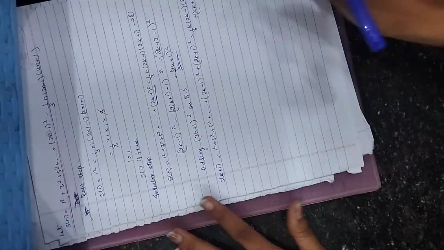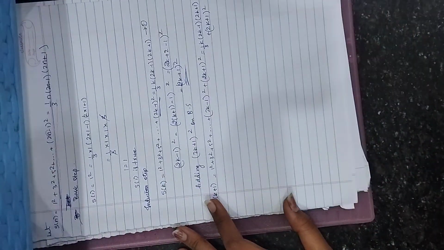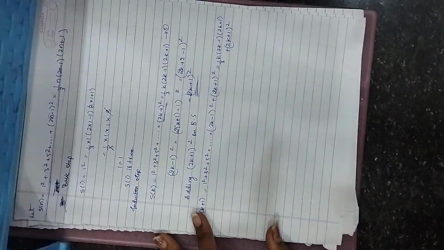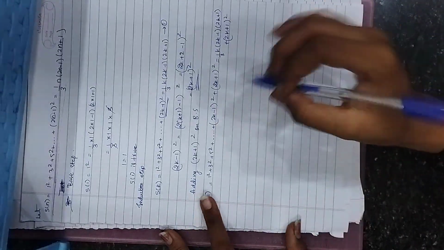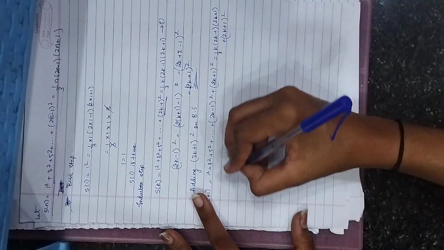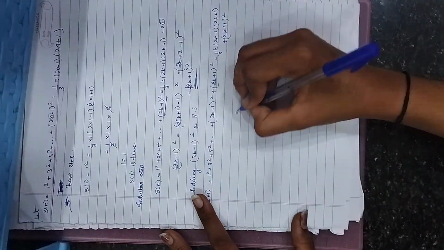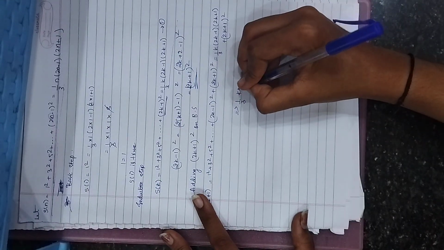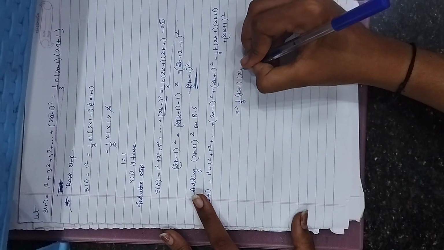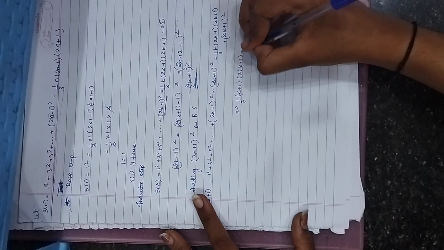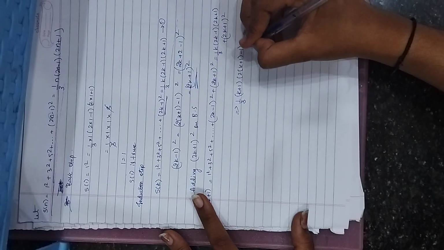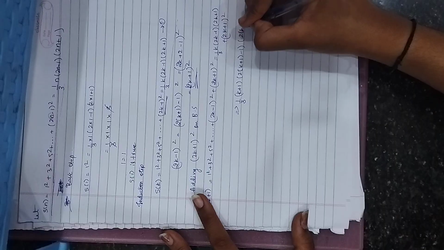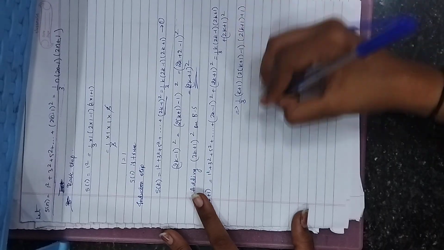Okay, after writing this, basically you will ignore whatever you have written. You will write is equal to 1 by 3. Here you see k plus 1, 2 of k plus 1 minus 1, then 2 of k plus 1 plus 1.